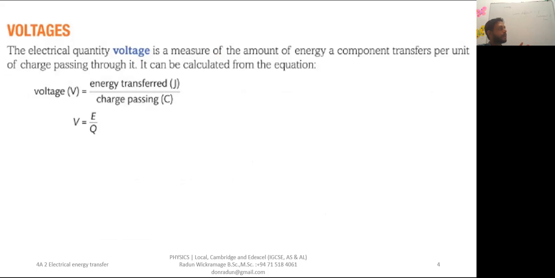But potential difference takes electrical energy into some other form, right? So the electrical quantity voltage is a measure of the amount of energy a component transfers per unit charge, which is the definition of voltage. It can either be into electricity or from electricity. You can easily understand that.